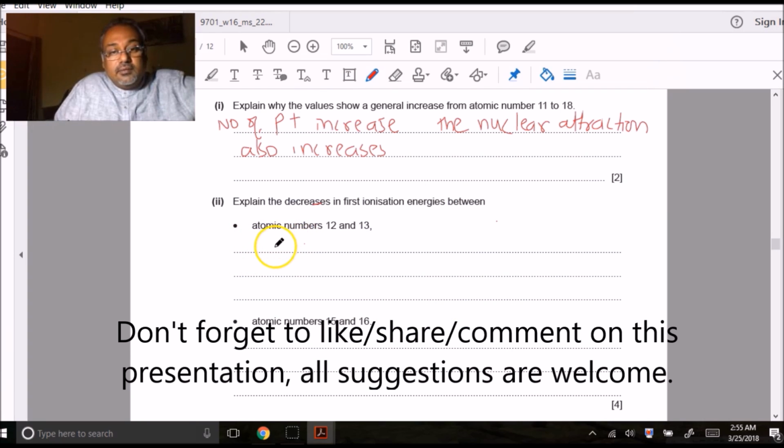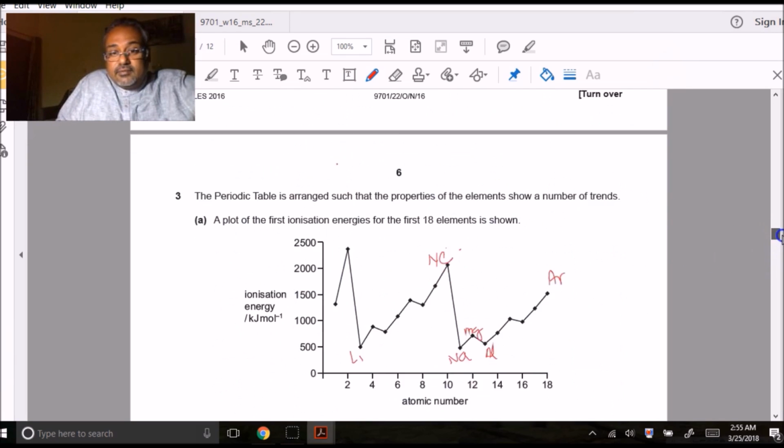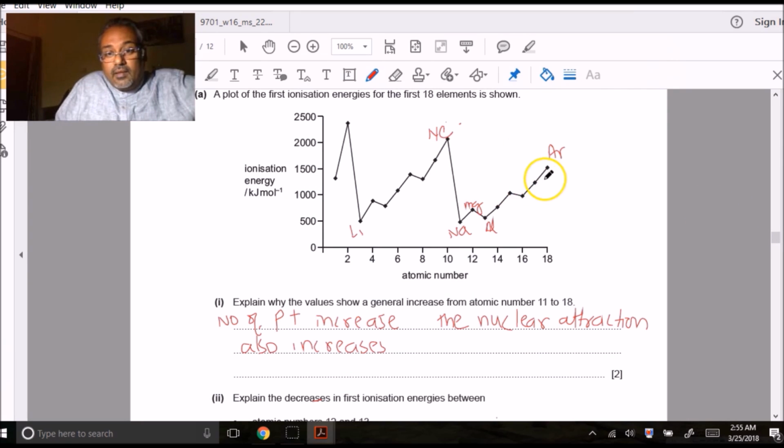It asks why you think there is a decrease in the ionization energies between atomic number 12 and 13. If you look at the graph here, we have sodium as atomic number 11, magnesium is 12, aluminium is 13.